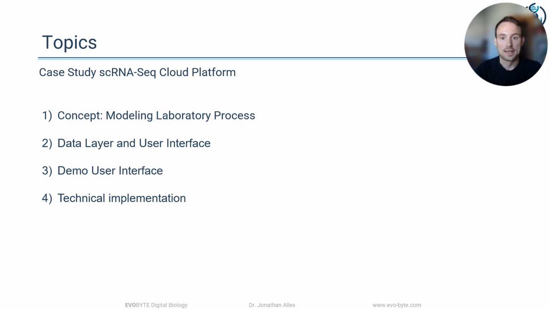Then we will have a look at how a user would interface with such a process data layer, and we are going to have a little live demo to look at such an application and how to add information to the datasets that are being produced here. And finally, we will have a technical deep dive into how to set up such an infrastructure on the AWS cloud.